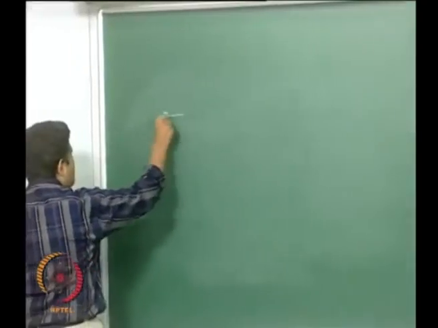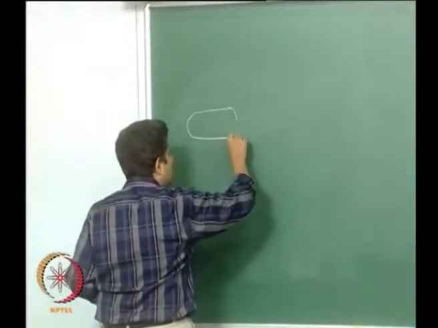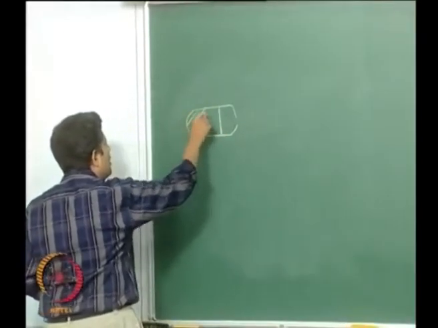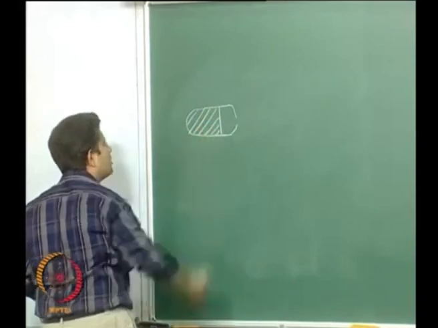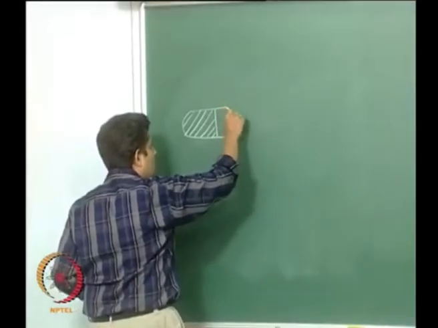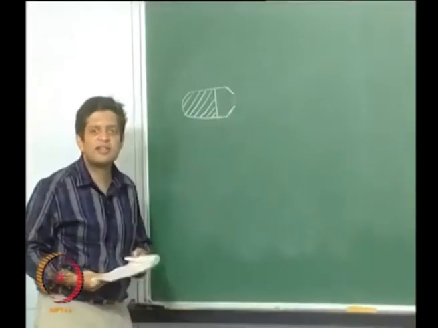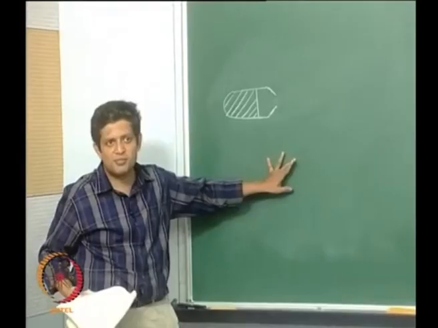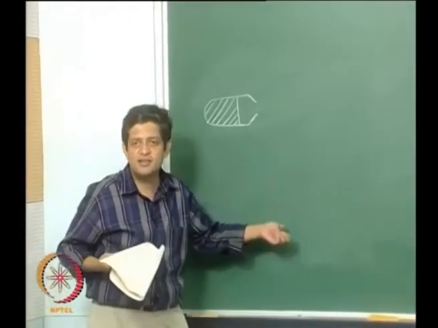So let us say you have a solid propellant, and only a convergent nozzle is good enough here, because you do not want too much of a pressure drop. You are not interested in velocity here, you are only interested in pressure.